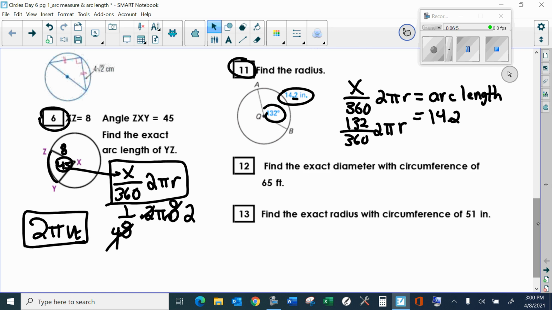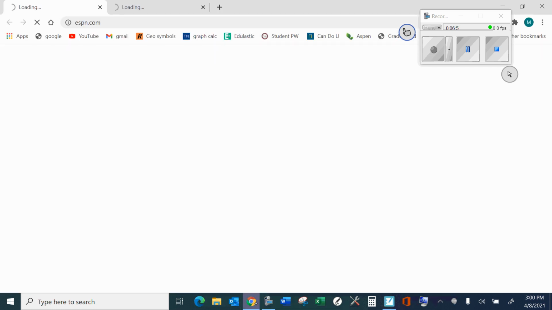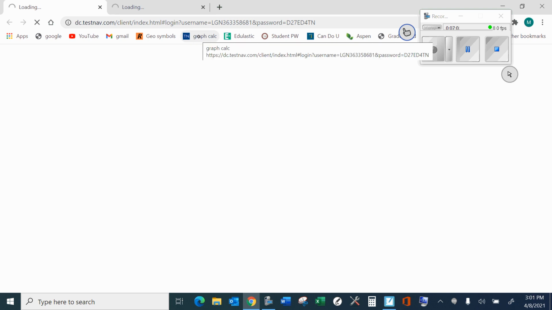Okay, so I could type it in on my calculator. Let's go ahead and bring up the calculator. So you see a graphing calculator. Hopefully it comes up here soon.